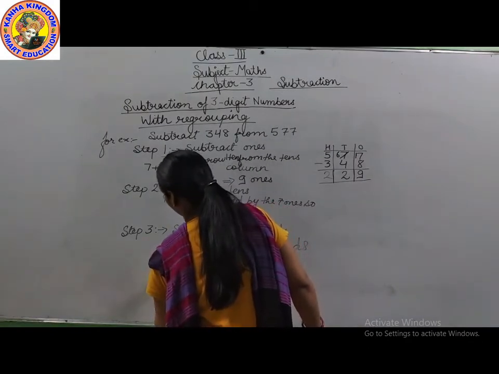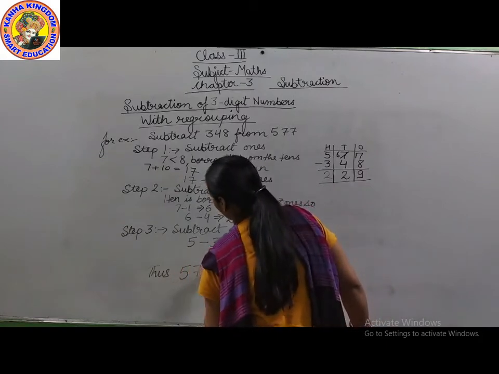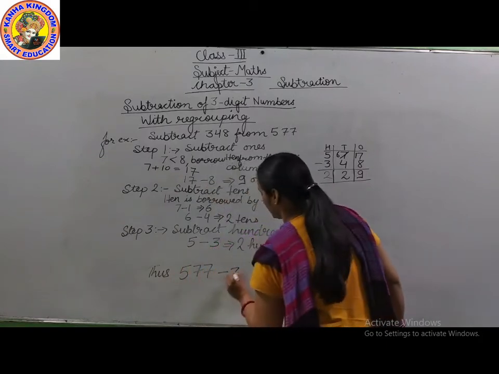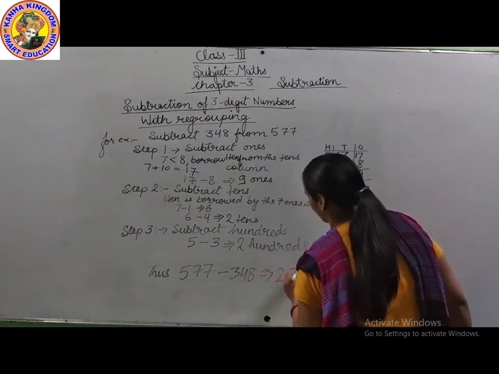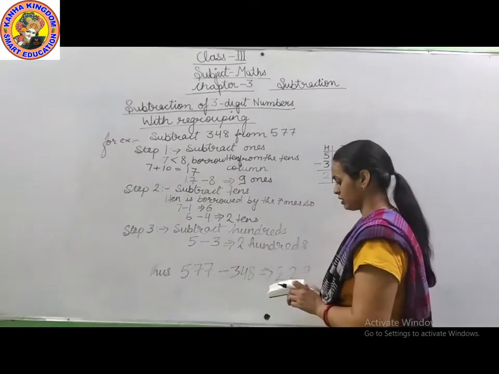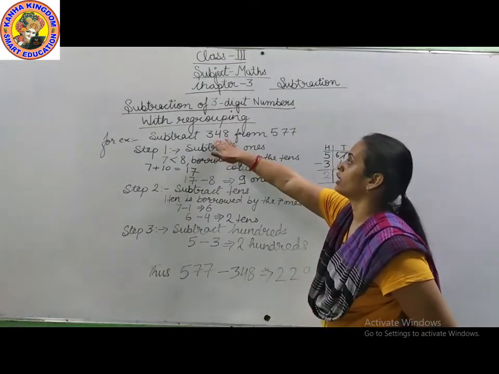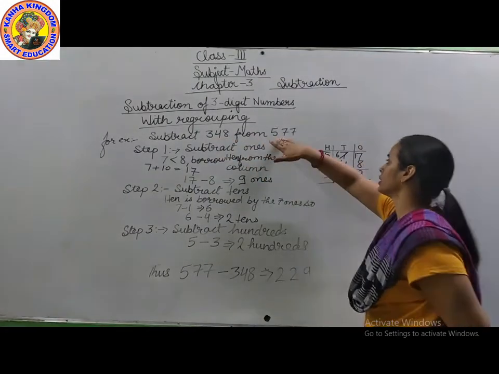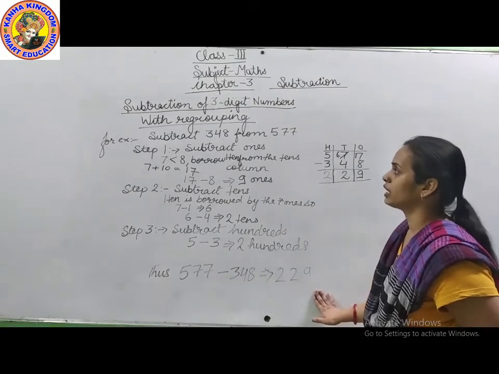So 577 minus 348 equals 229. So this is our answer. When we subtract 348 from 577, our answer is 229.